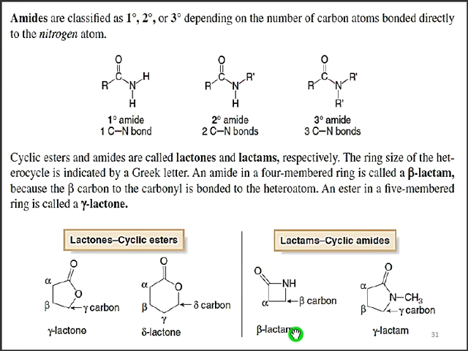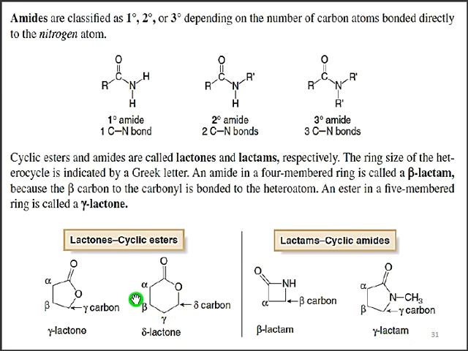Why beta lactam? Because we have the carbonyl group, and the alpha carbon is the first carbon atom bonded directly to the carbonyl, yes? The second carbon is beta, and the next is gamma. Look, the beta carbon is bonded directly to the heteroatom. For this reason, it is called beta lactam. Look here, we have alpha, beta, gamma. This 5-member ring is called gamma lactam.